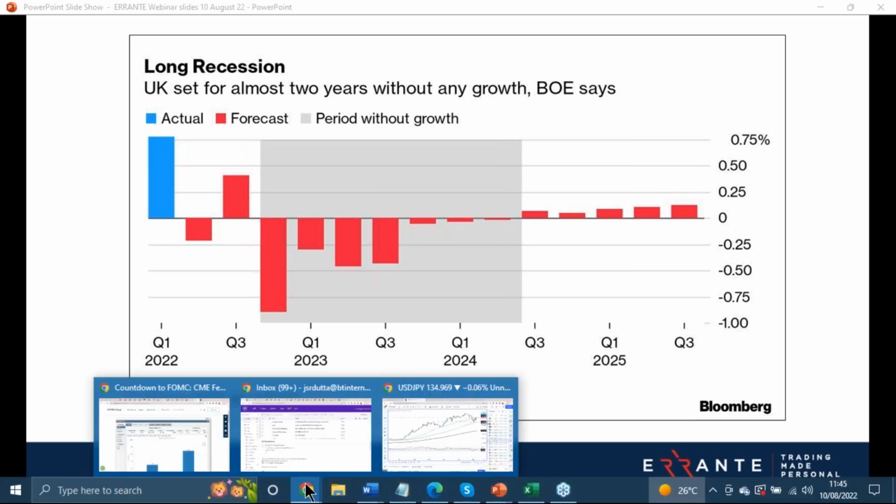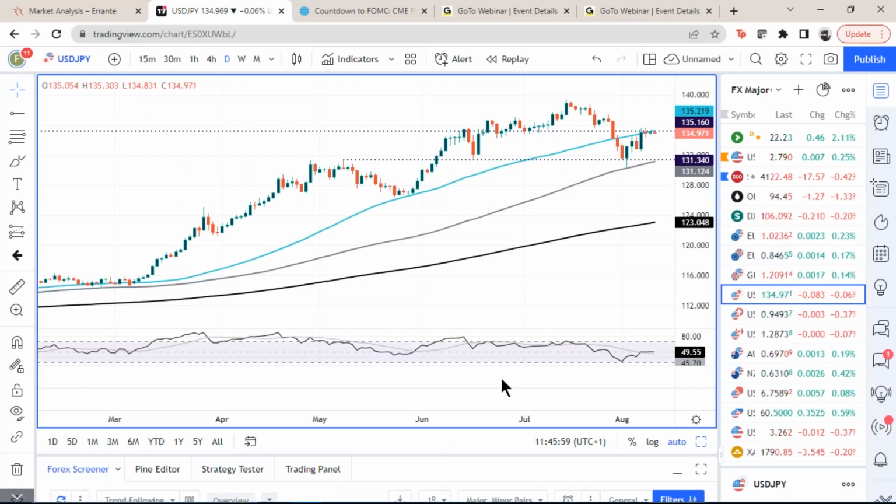If we then look at cable as the next chart to finally look at, which is here, it's similar in a way to euro dollar: a long-term downtrend, obviously dollar strength, capped by trendline resistance and also the 50-day moving average, which comes in at 121.47 at the moment. We're trading below there and just around this trendline resistance, having topped out recently at 122.93.